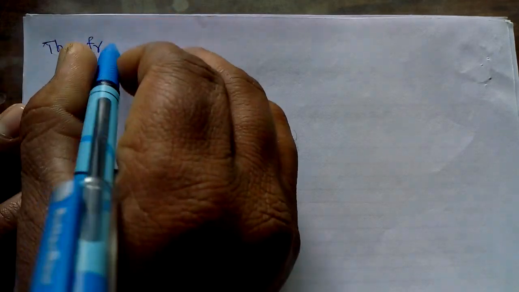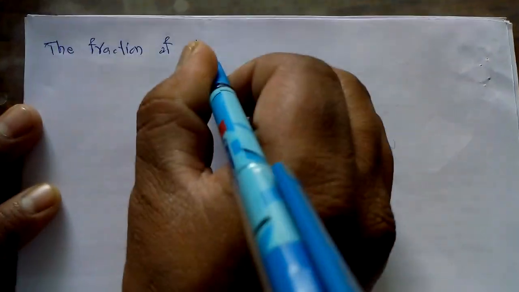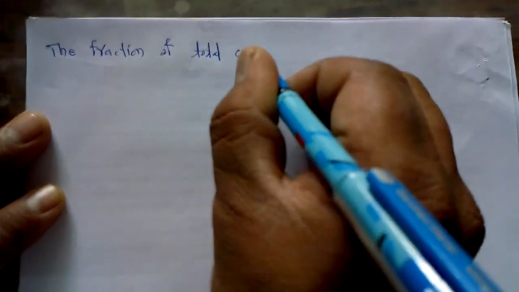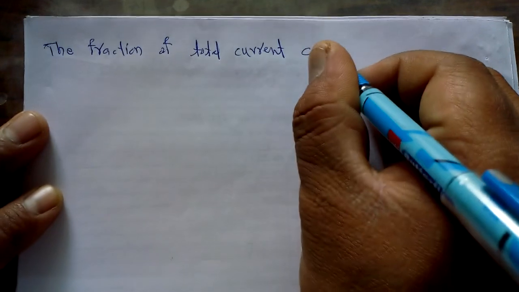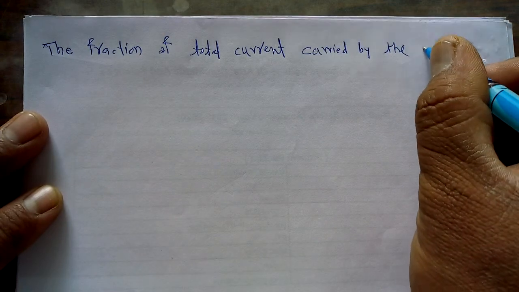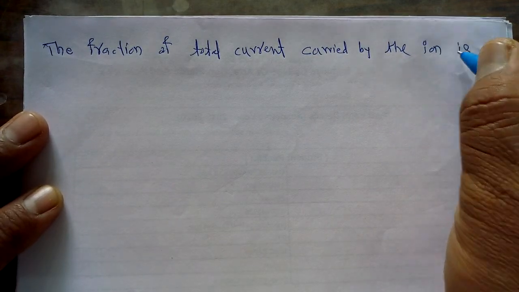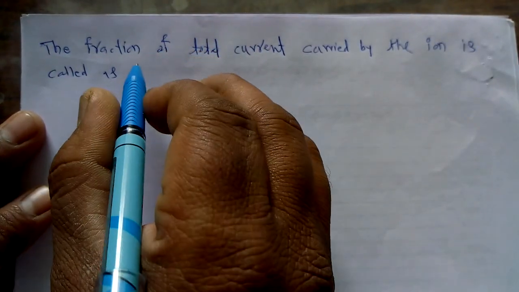The fraction of total current carried by the ion is called transference or transport number.